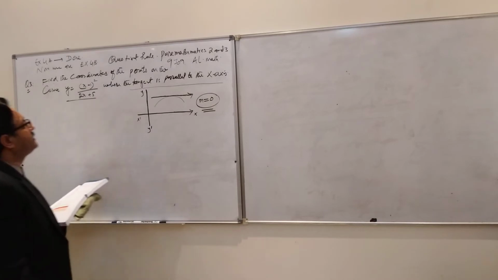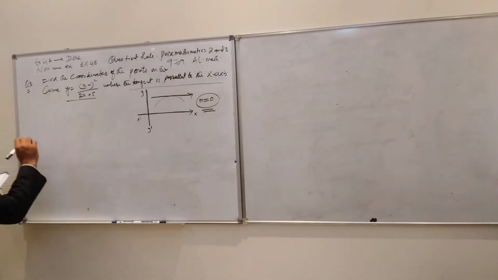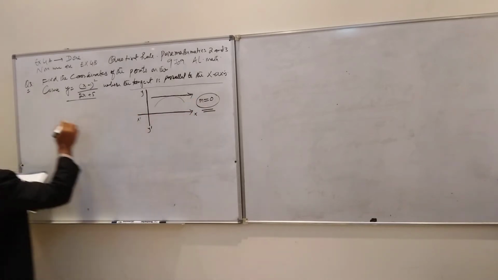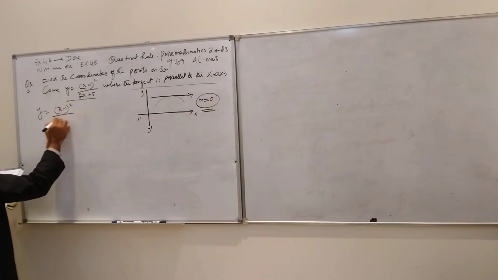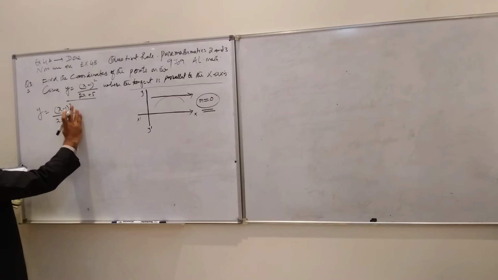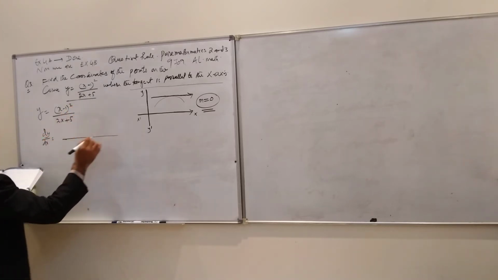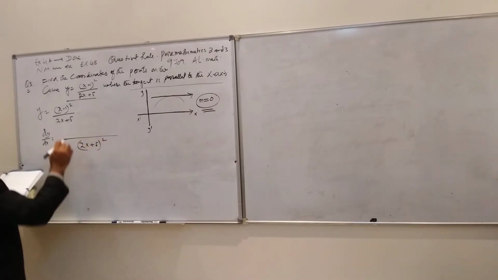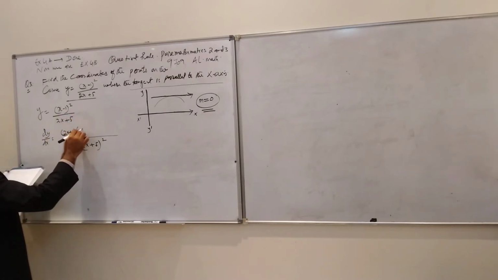Now let's solve the question. We will have to get m. To get m, we have y is equal to (x minus 1) power 2 over 2x plus 5. Differentiate this. To differentiate, dy/dx, the quotient rule is to be applied. We have 2x plus 5 whole square in the denominator, then 2x plus 5, and the derivative of this is 2 into (x minus 1) power 1 and 1.